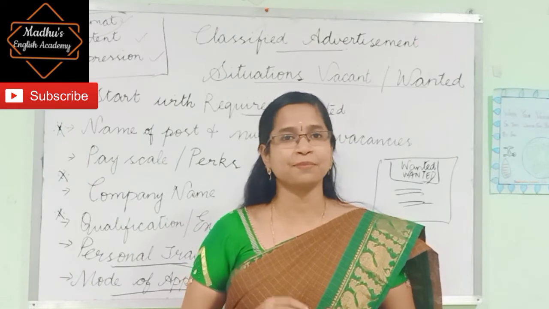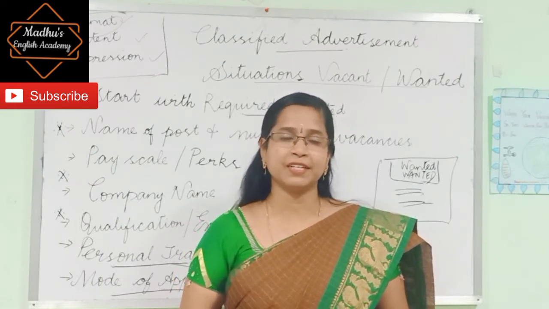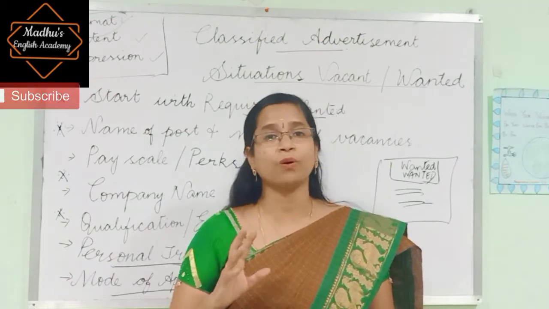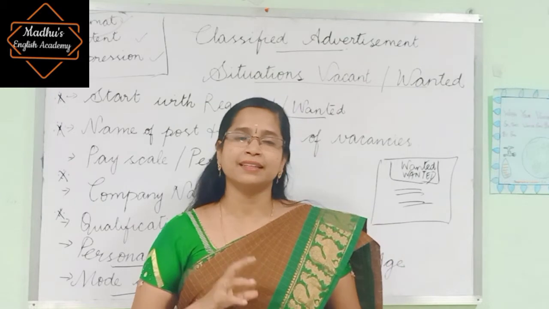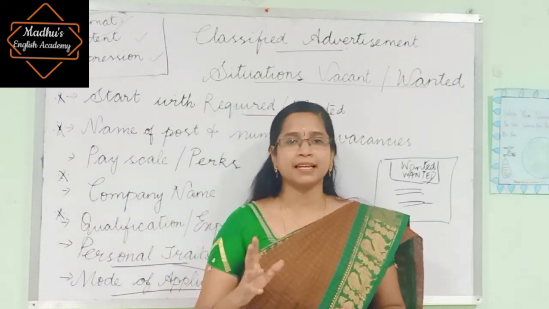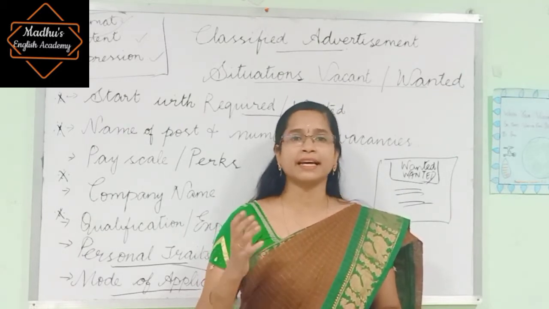Let me give you a small tip before closing this class. When you write a classified advertisement, normally it will be very confusing, like what I should write and what I should not write, what kind of words I can use. This tip will be very useful for you. Whenever you get time, take leading English newspapers and go through the classified column.